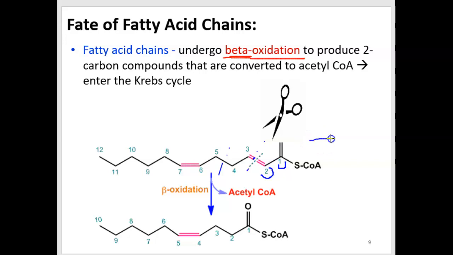So you can see that this is the fatty acid chain that we started with that has 12 carbons. And the product after beta oxidation is a fatty acid chain that only has 10. The process will happen again and again and again. So 2 more will come off, and then 2 more, and then 2 more.